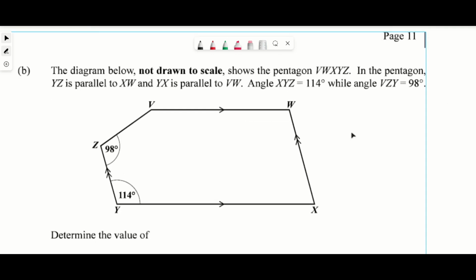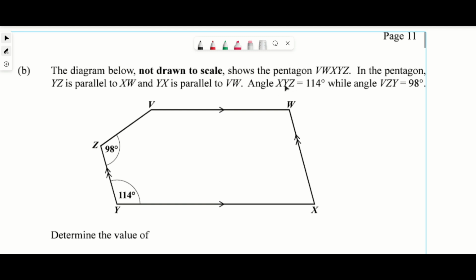Part B, sorry. So part B, they said the diagram below, not drawn to scale, shows pentagon VWXYZ. Pentagon just means it's a five-sided shape. In the pentagon, we have YZ is parallel to XW, and YX is parallel to VW, and angle XYZ is 114.